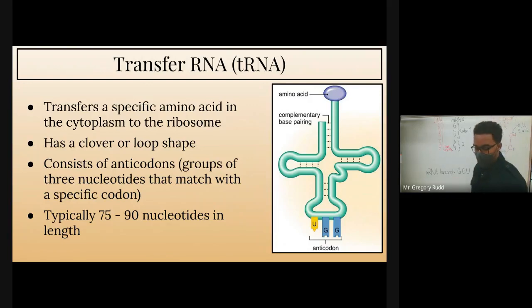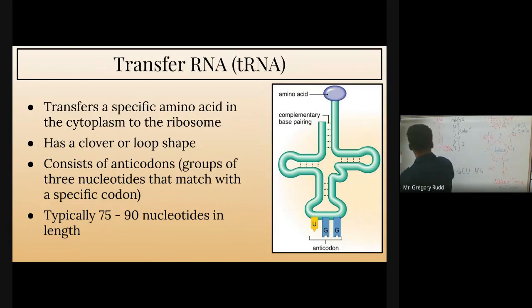I'm just going to do the first two codons. Now we want to think about what might be on the tRNA anticodons.